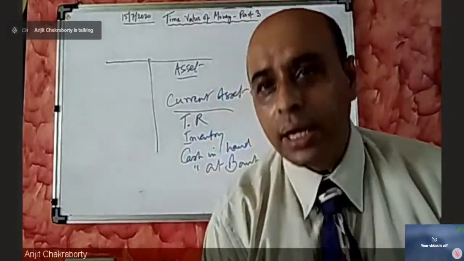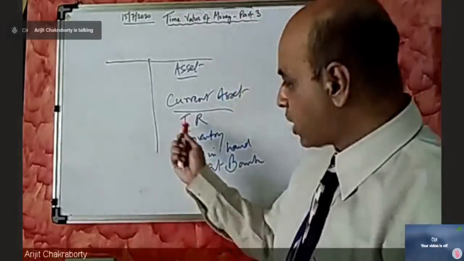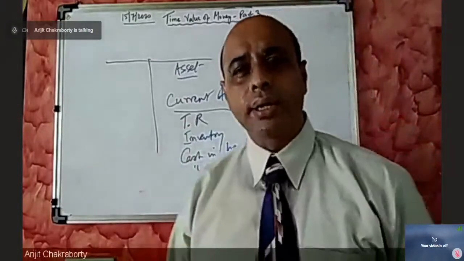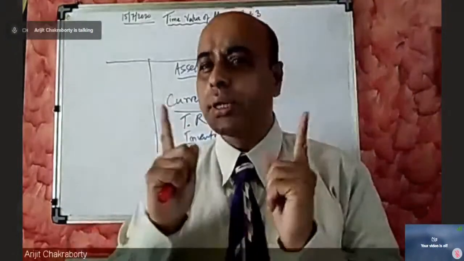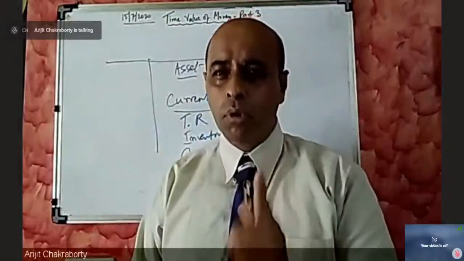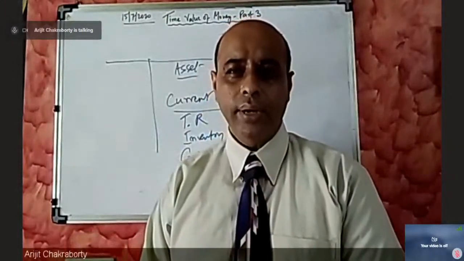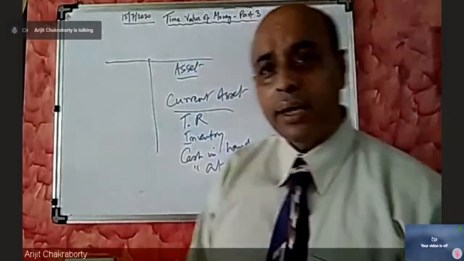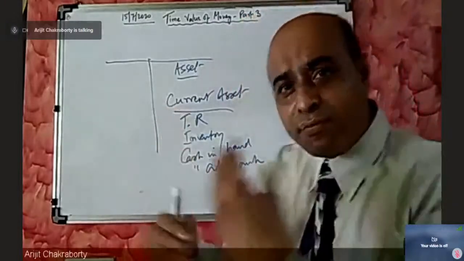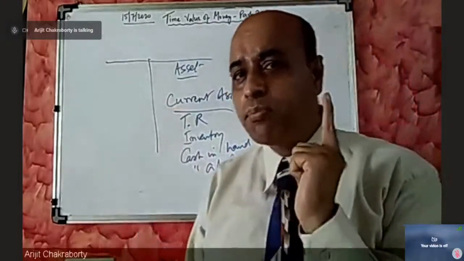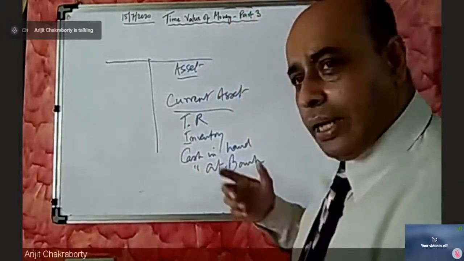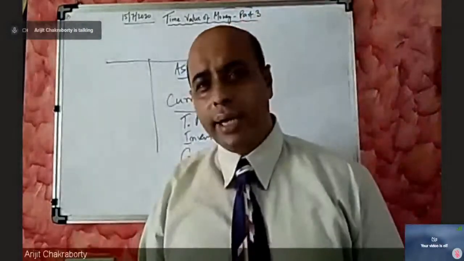If I ask you which item out of these 3 items is the most liquid item, I would put it in this way. Now let us see which is the most liquid item. Cash is the most liquid item.